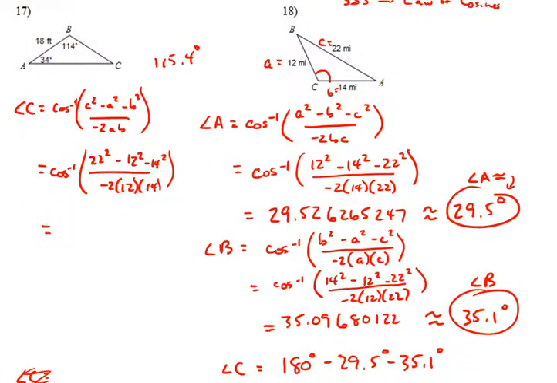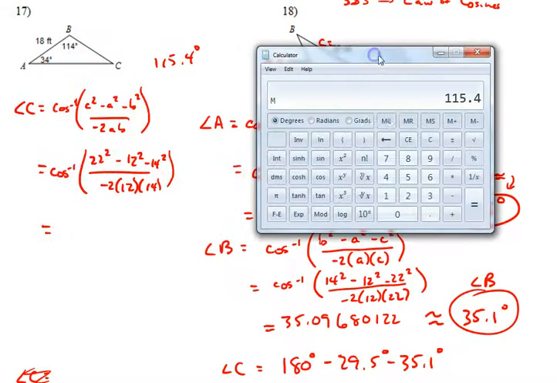Let's see what we get. 22 squared minus 12 squared minus 14 squared equals, that's everything in the numerator, divided by negative 2, divided by 12, divided by 14 equals.